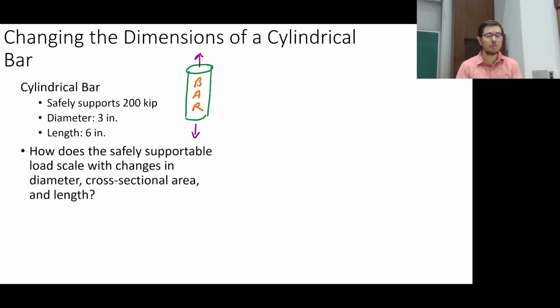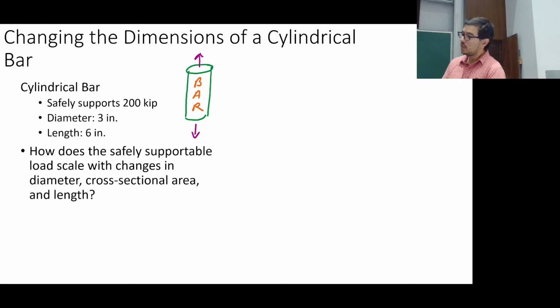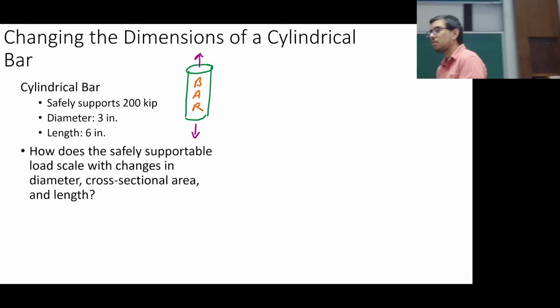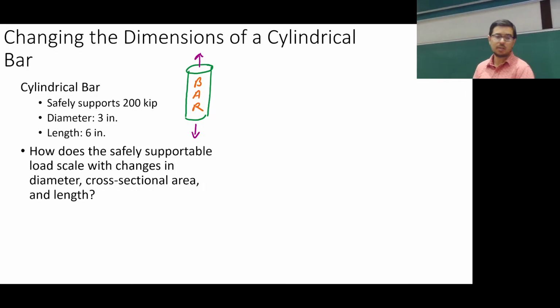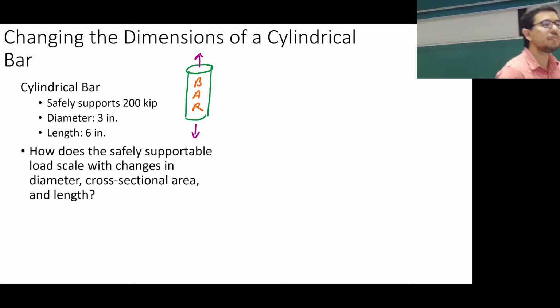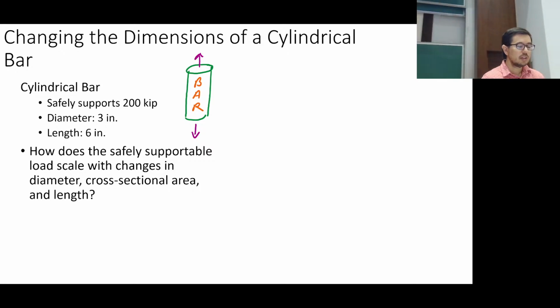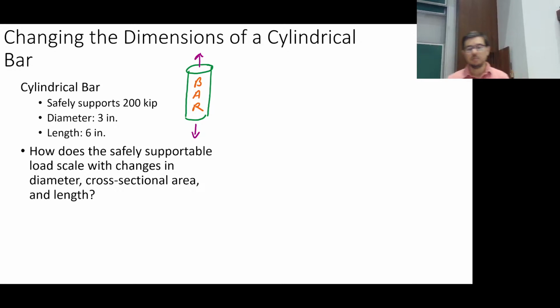Okay. So what could we change? We could change the diameter, which would be very similar to changing the cross-sectional area. Or we could change the length. That's pretty much it if it's a cylinder. So this is a cylindrical bar. So what do you all think?